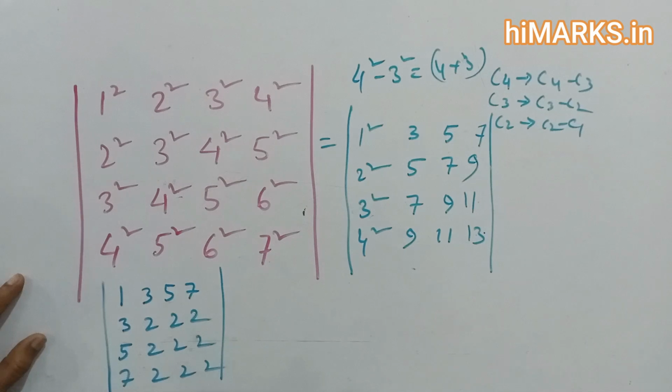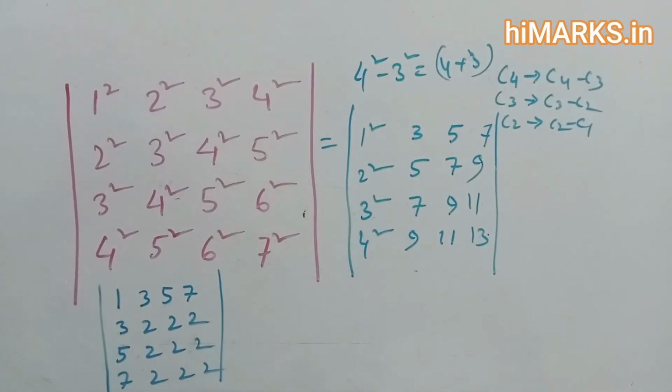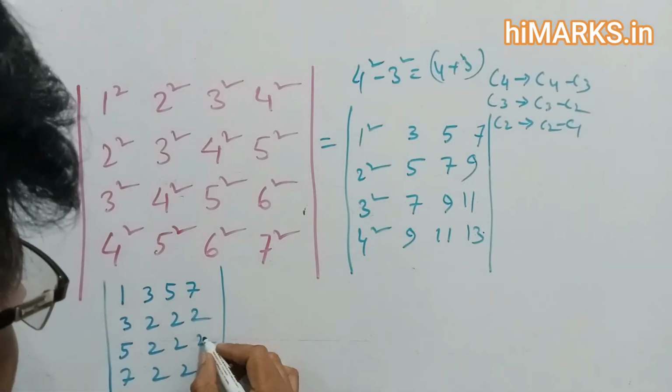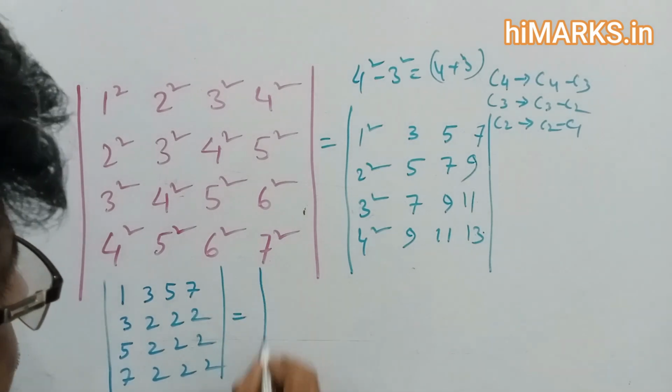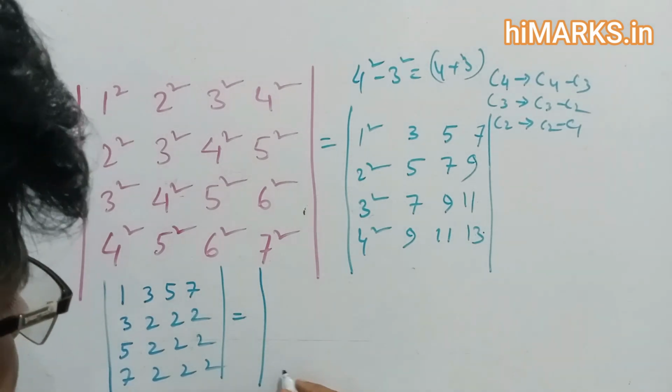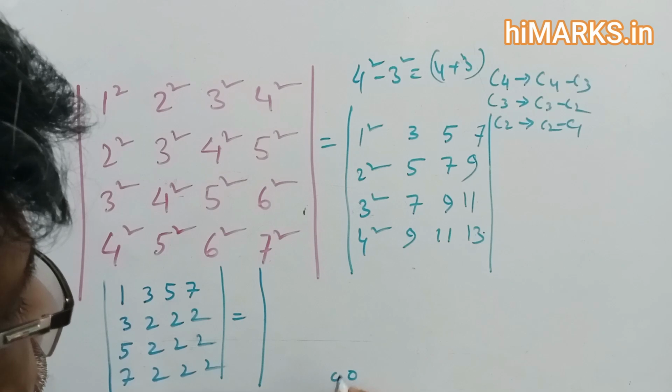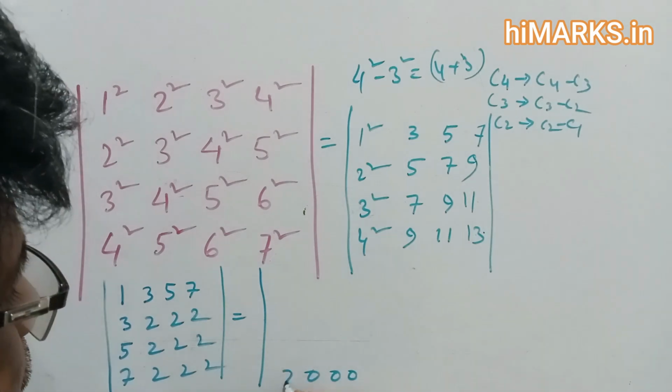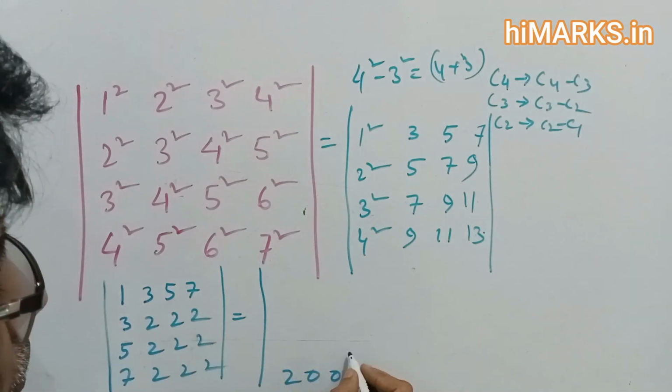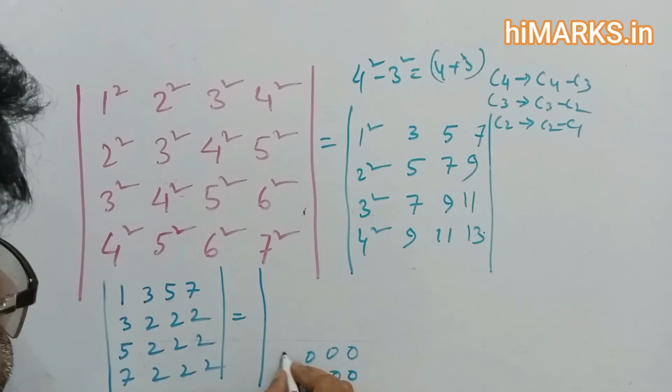So what can I do with this one? We can repeat the same here. This minus this, so let's see what we'll get. We'll get 0, 0, 0, 2, and 0, 0, 0, 2.